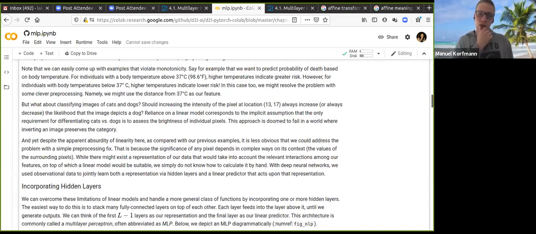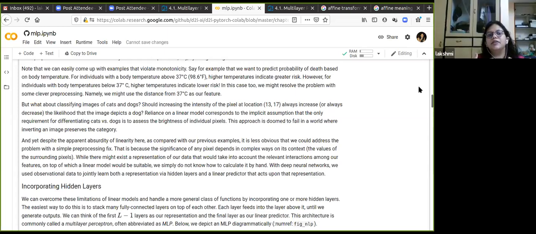Reliance on only... wait, we're inverting an image. Oh, so like inverting the color. Inverting, not like RGB to BGR, the inversion we did? The rotations and also other things.